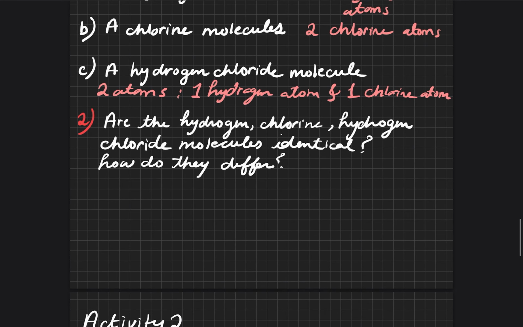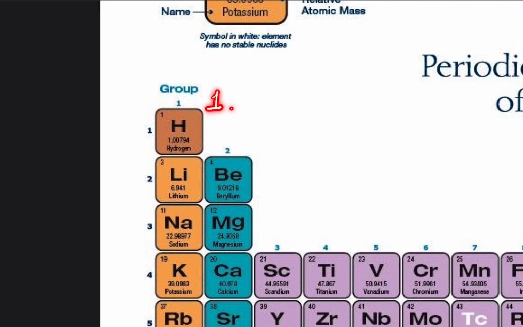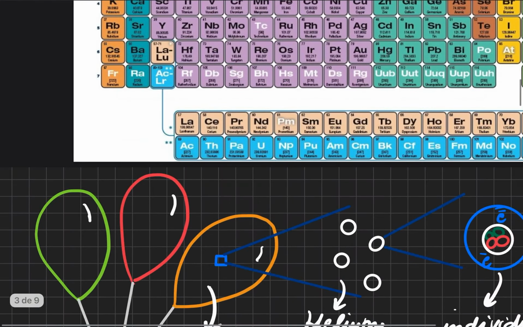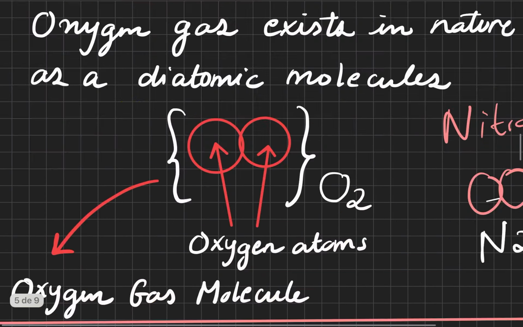And the hydrogen atom, okay, let's go to the periodic table. This is the hydrogen atom here. The hydrogen atom has Z equal to 1. It means that it has one proton and one electron.